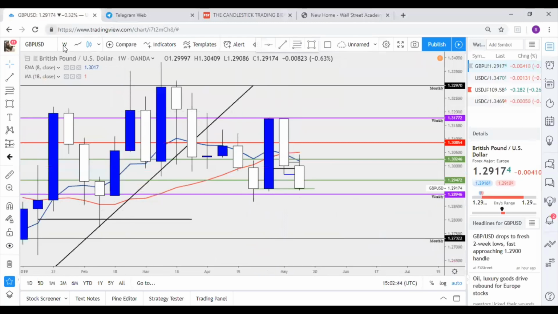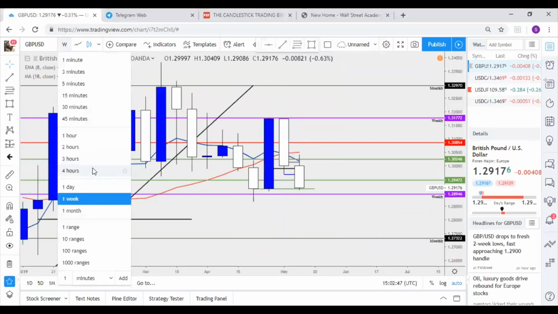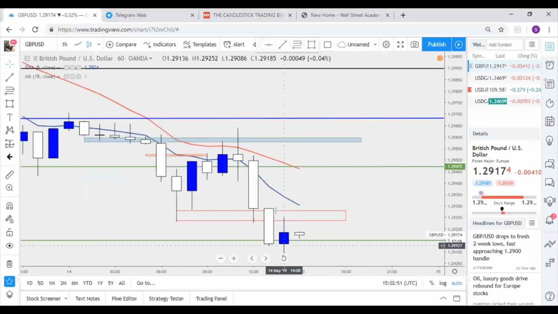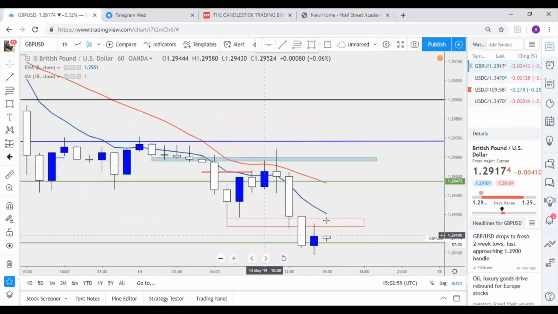You gotta be patient. So, with seeing those exhaustion wicks from the lower time frame, I'll go back to the higher time frame and pay attention to these candle patterns that are forming. This right here is a bullish harami.